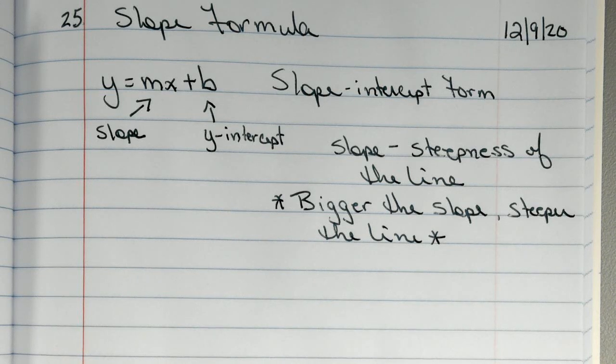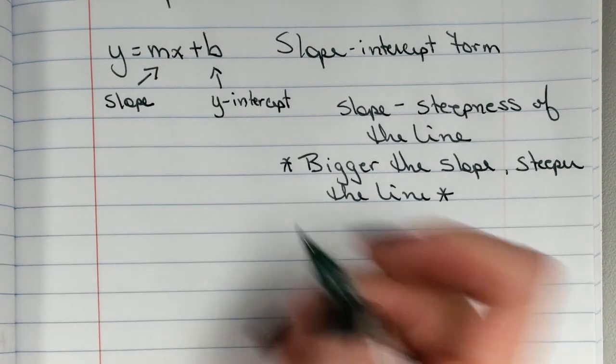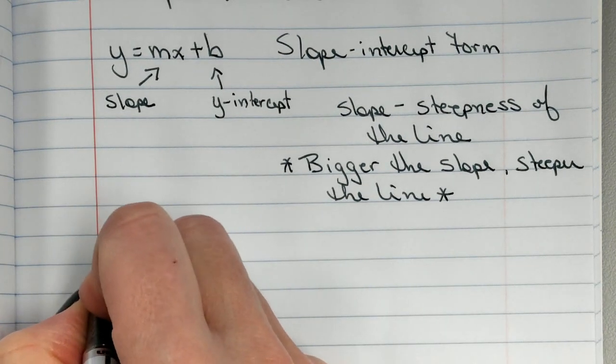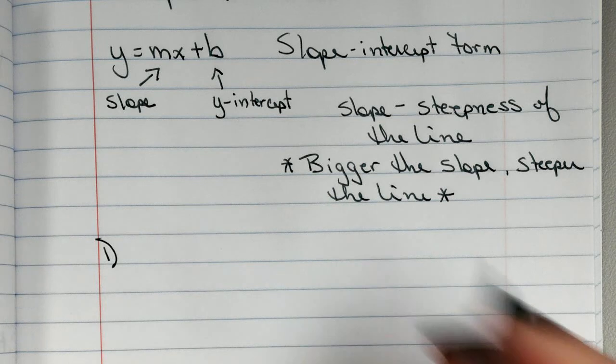So if I had a slope of -2 and a slope of 1/2, -2 would be a steeper line. It's going to go a different direction, but 2 is bigger than 1/2. So we're talking about absolute value when we say that.